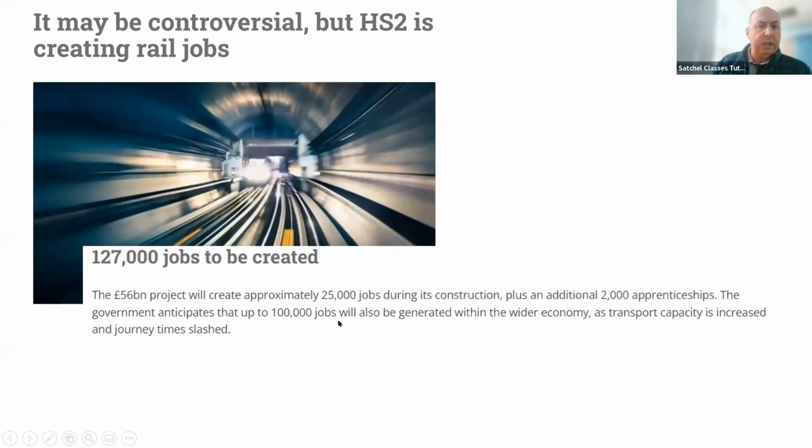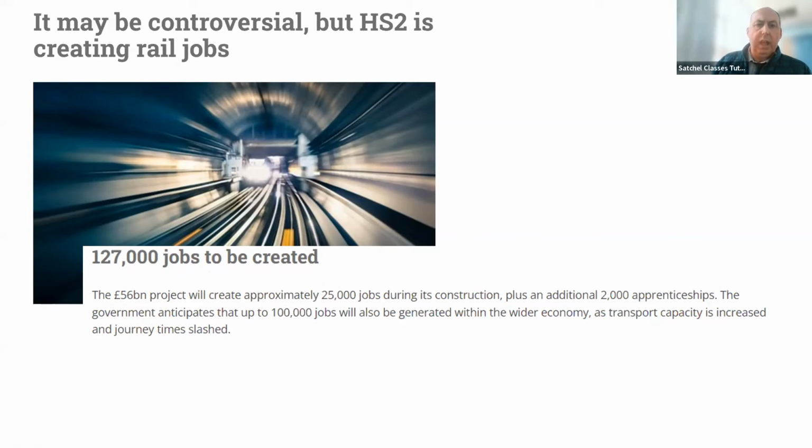On the flip side, here we have HS2, I've already mentioned it in this video. The £56 billion project will create 25,000 jobs during its construction, with an additional 2,000 apprenticeships. Government anticipates up to 100,000 jobs will be generated in the wider economy. So that initial investment, 25,000 jobs in the construction, will generate 100,000 jobs in the wider economy.